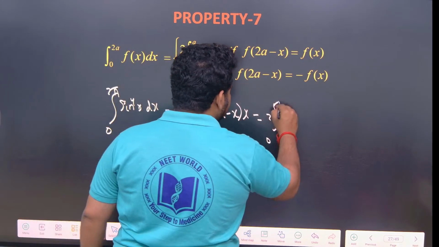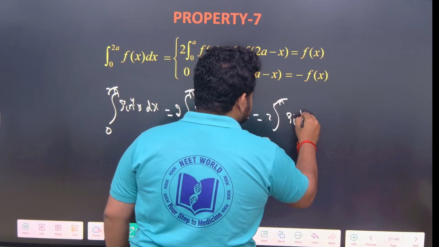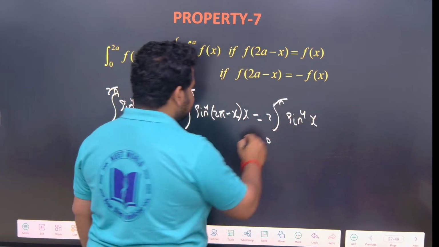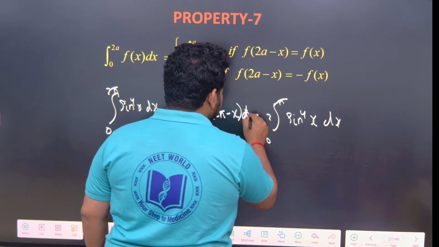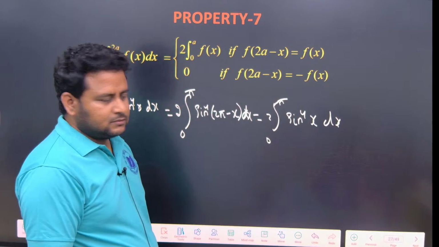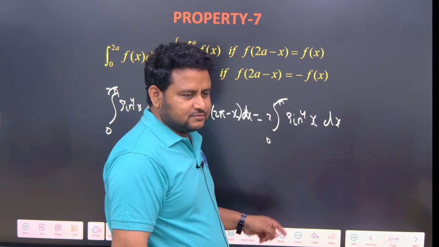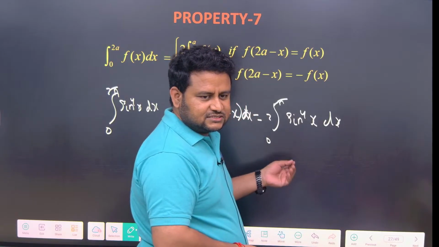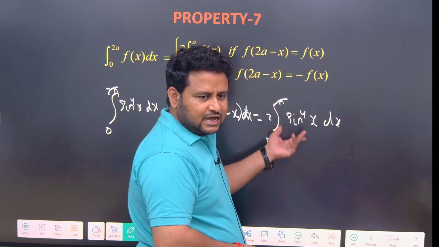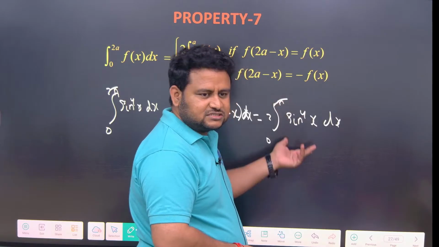2 times integral 0 to pi sin power 4x dx. Again I am getting the same function. Now if I apply pi minus x, sin of pi minus x is sin x, and sin power 4x is again the same function.